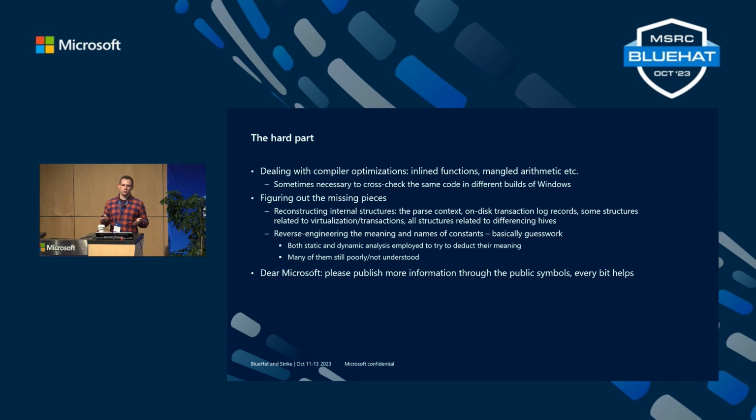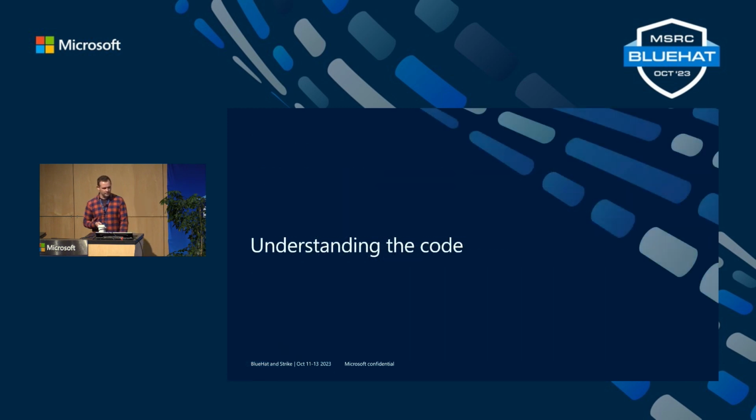The same goes for enums and flags, which is really hard to do, and you have to guess a lot to figure out what they possibly can mean. So my request to Microsoft here is to publish more information through the public symbols, because it saves security researchers a lot of manual labor that could be better spent actually looking for vulnerabilities instead of going through this reverse engineering process.